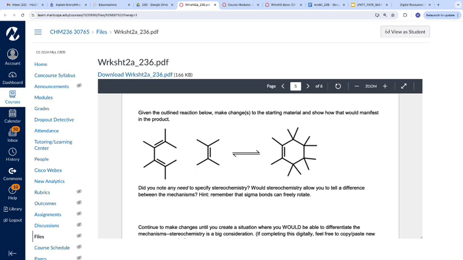How does the reaction work? This is not a radical reaction, so we're looking at moving pairs of electrons. Where are the most reactive electrons in these structures? Pi bonds. Cool.